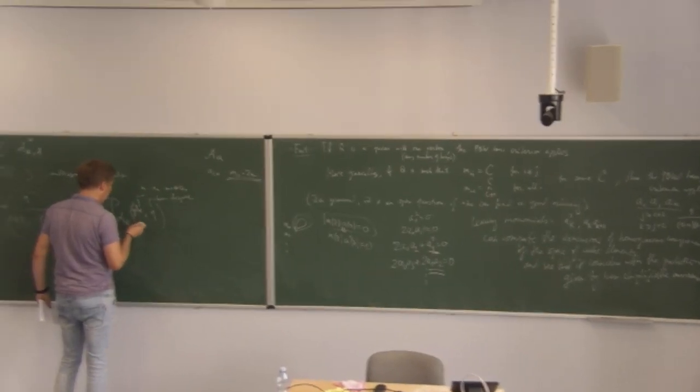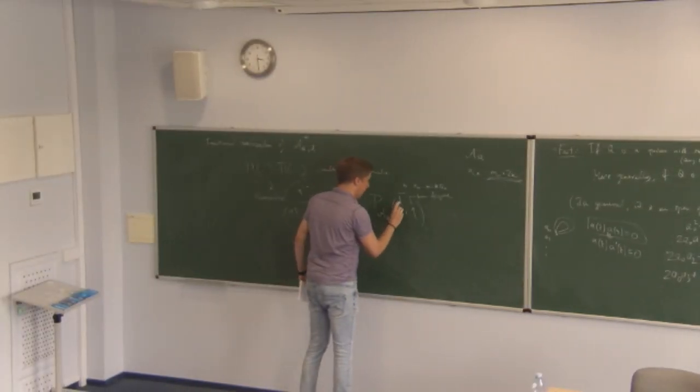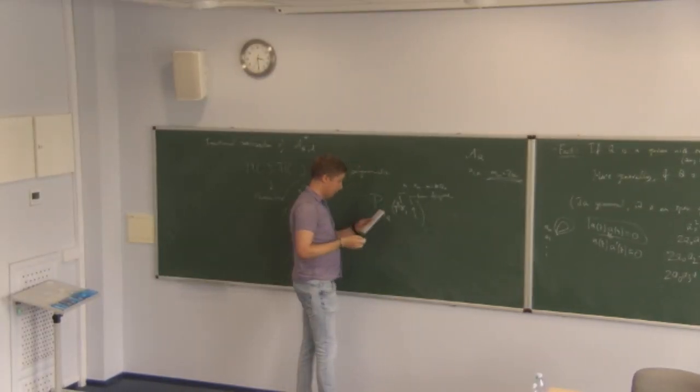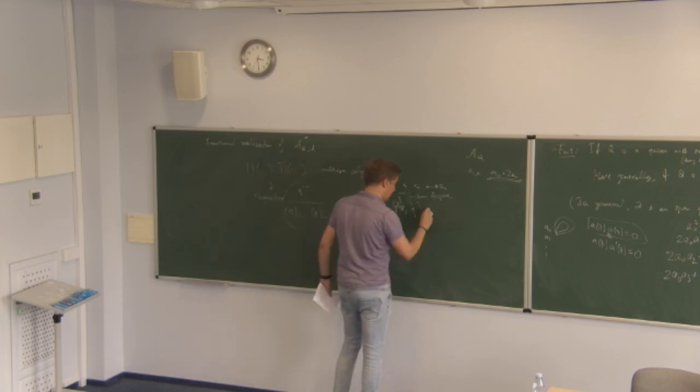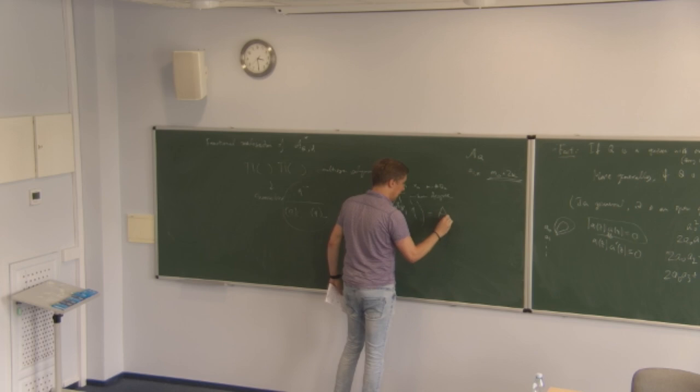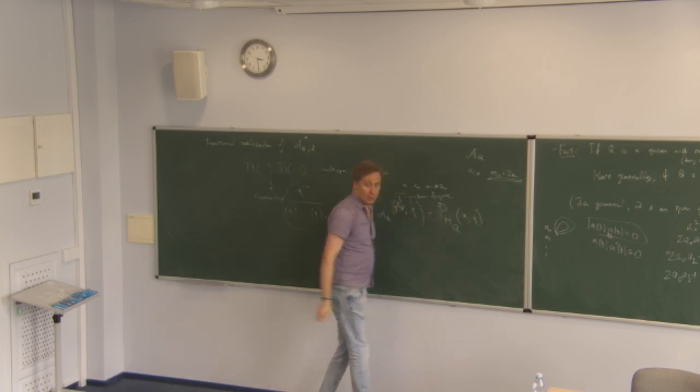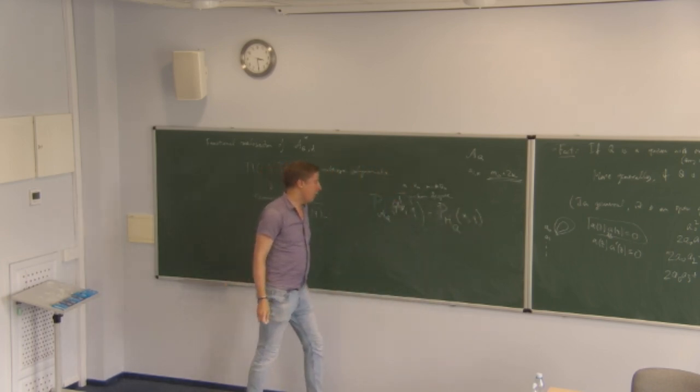So for one of the standard conventions, if you rescale x by q to the power 1/2, this is precisely the Poincare series of the cohomological Hall algebra.